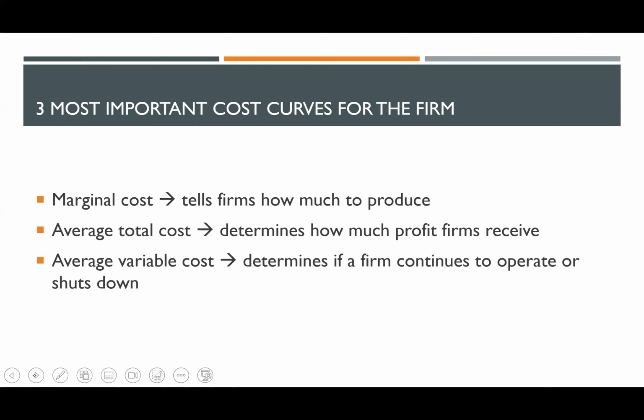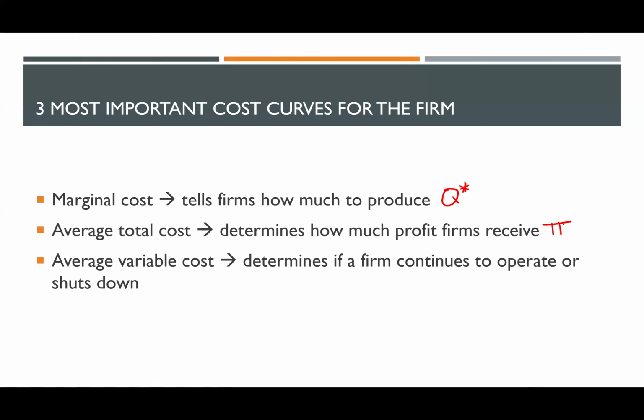So with that, we've covered all three of the most important cost curves for the firm. Marginal cost is going to tell us how much the firm wants to produce to maximize their profits. That's that profit maximizing output curve. Average total cost tells the firm how much profit they're earning at that profit maximizing amount of output.